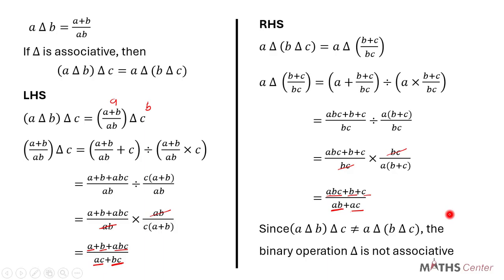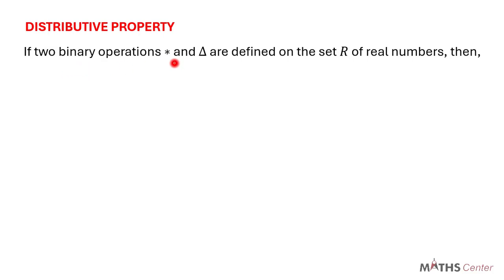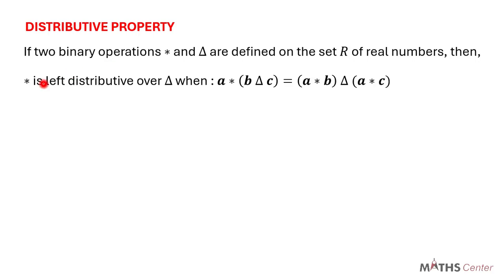We have considered two examples on the associative property. Let's consider the next property, which is the distributive property. If two binary operations, star and delta, are defined on the set R of real numbers, then star is left distributive over delta when A star (B delta C) is equal to (A star B) delta (A star C).